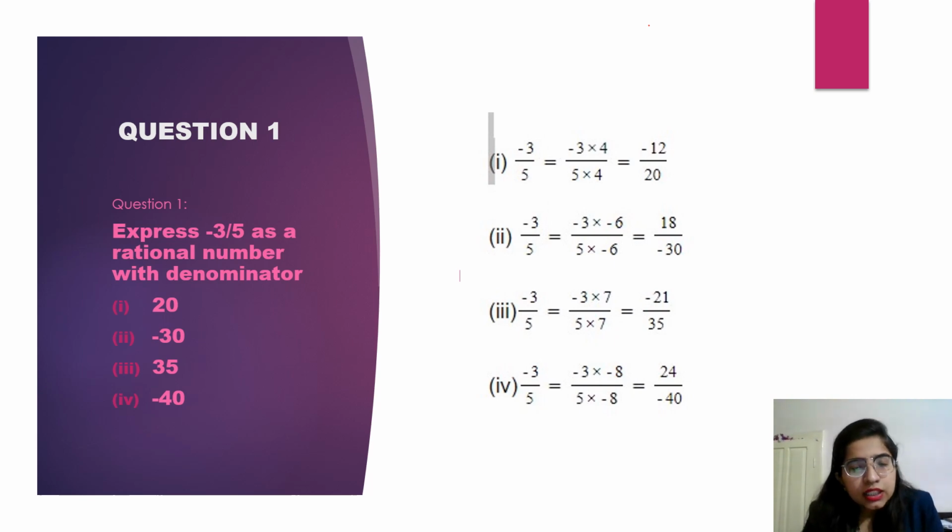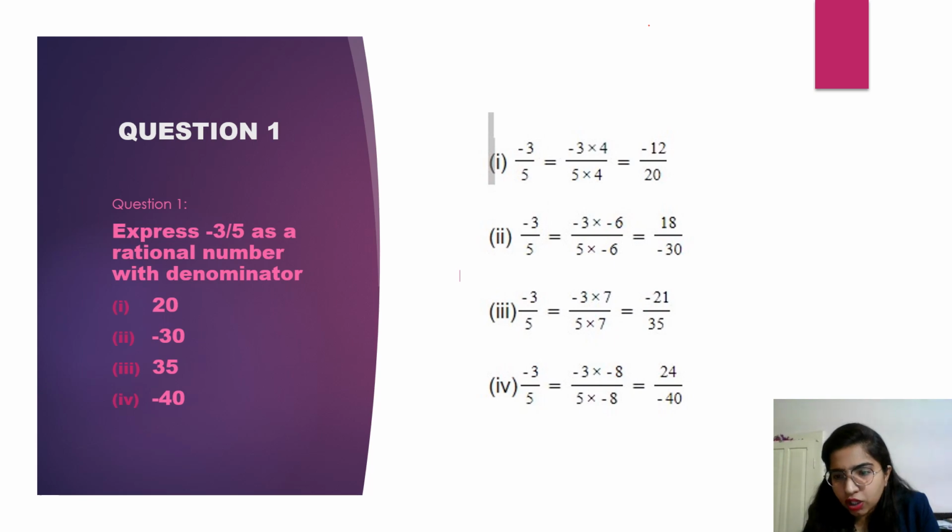Getting? Second part, you have to make the denominator minus 30. See, how will you make minus 30? 5 will be multiplied with minus 6, because you have to make minus 30. 5 sixes are 30, minus 30, right?